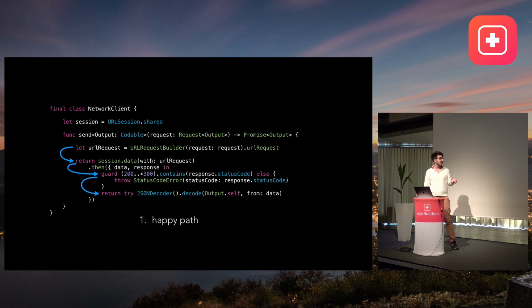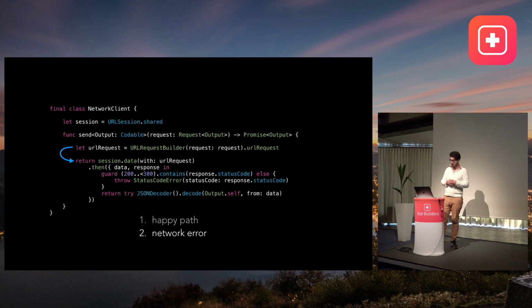You decode the JSON, it's fine, and you have a success. So that's one branch. You have another branch here, which is what if there's a network error? You create the URL request, and you pass it over to the URLSession, and that has some kind of error, and that is where the branch ends. So that's the second branch.